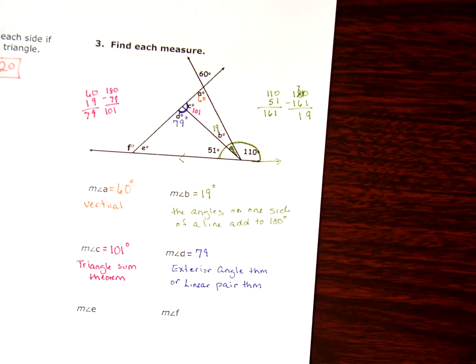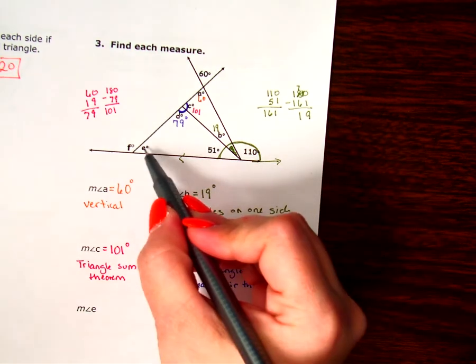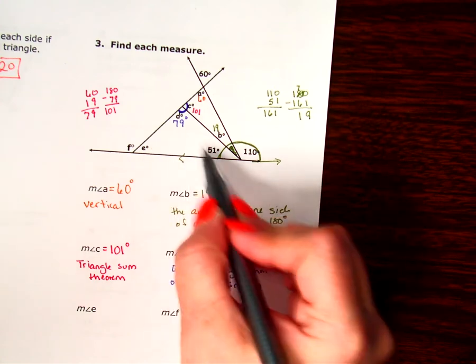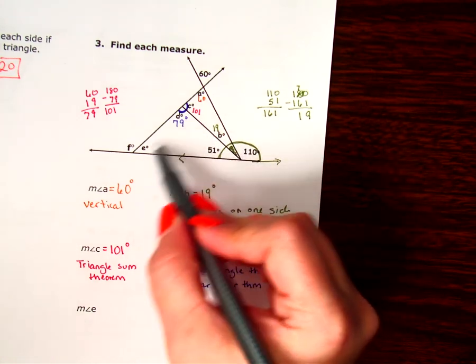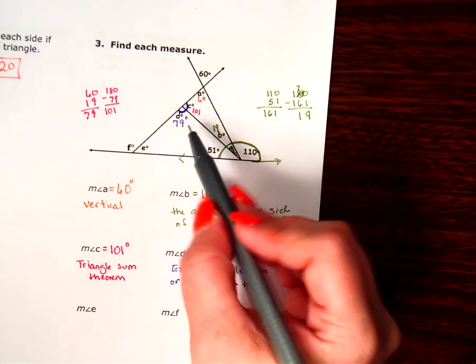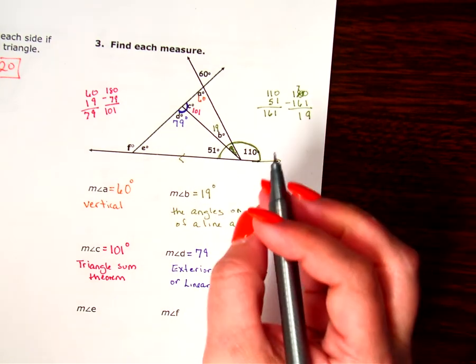All right, so now angle E. Angle E is inside this smaller triangle here, the right side triangle. The angle sum theorem says the three angles have to add up to 180. I've already used 79 degrees and 51 degrees.